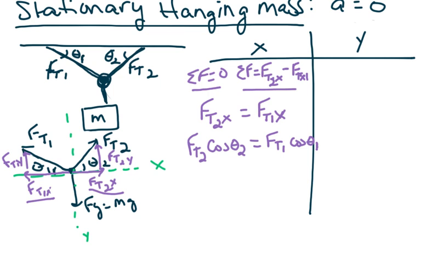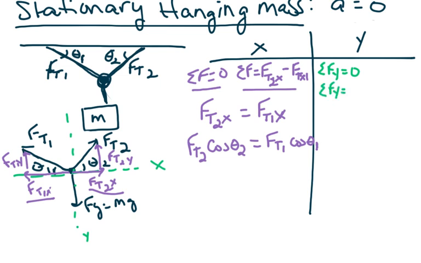I'm going to come over here and help you write the sum of the force equations in the vertical direction. So in the vertical direction, I also have the sum of the forces, or the net force, equal to 0.